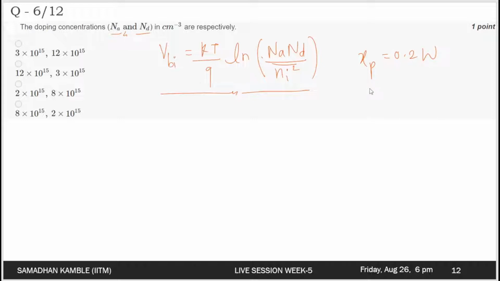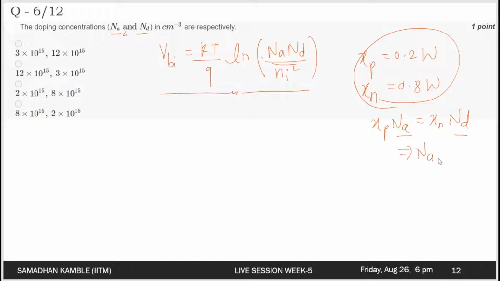That means the remaining depletion width, that is depletion width on the n side, will be 0.8 of the total depletion width. Also we have the equilibrium condition that xp times Na is equal to xn times Nd. So if you just substitute this here, we'll get the relationship between Na and Nd, and that is simply Na is 4 times Nd.